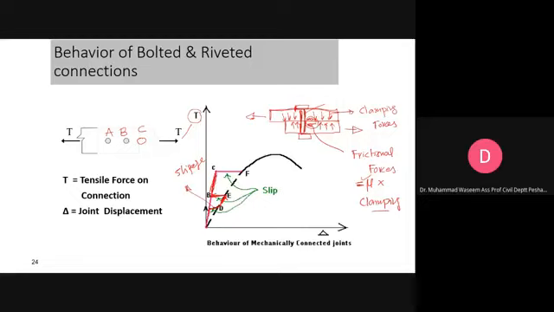Once the slippage occurs again, it will shift to the contact between the plates and the fastener. So you can say that the resisting behavior of a bolted or riveted connection consists of two types of mechanism: frictional force and the clamping force.